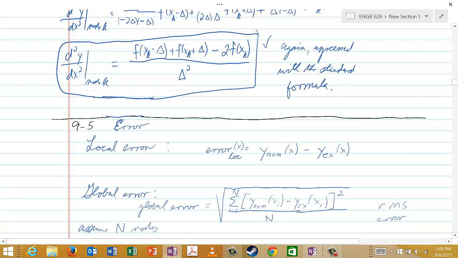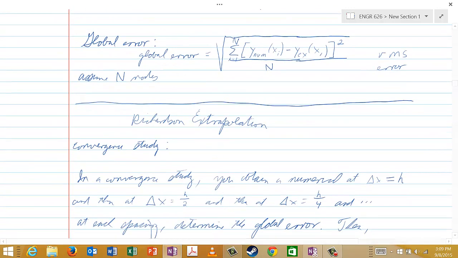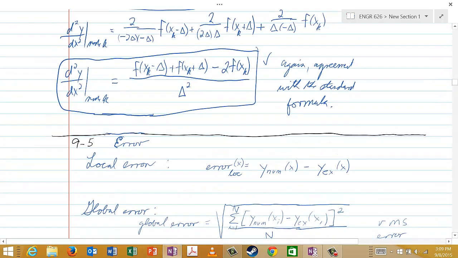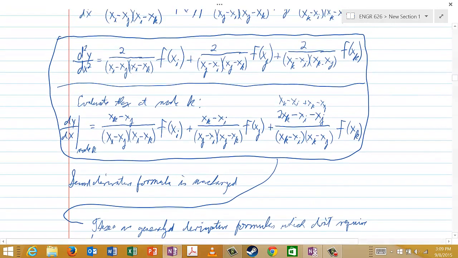We're going to go back to our notes, and you will recall that in our notes we had this formula right here.